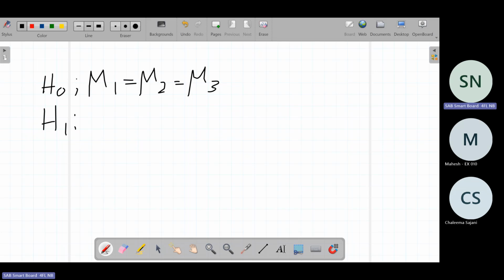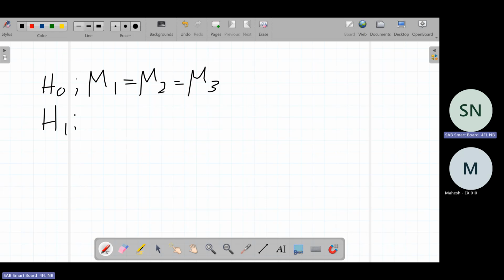Then what's the H1? Here you need to mention there is a significant difference. Assume 3 groups are there. 2 mean values are same, but the third one is different. At that time we cannot say all the mean values are equal. If there are three people and two are the same but one is different, we cannot say all three are equal.